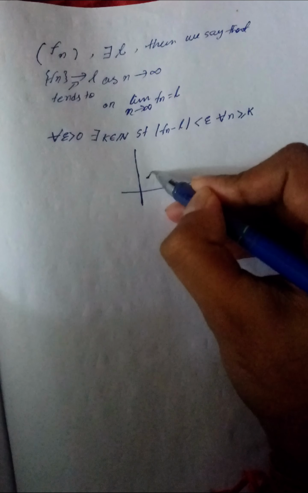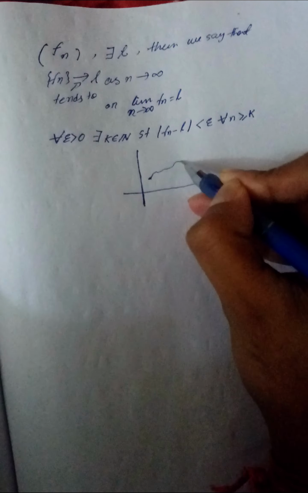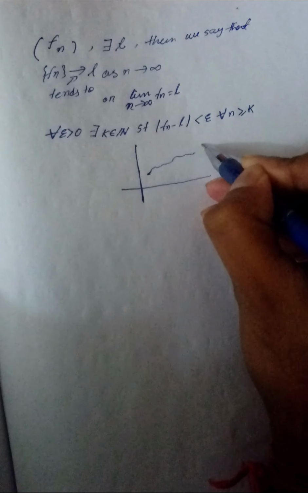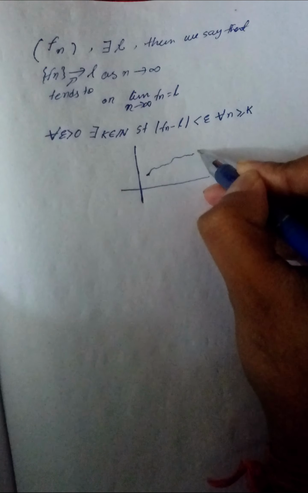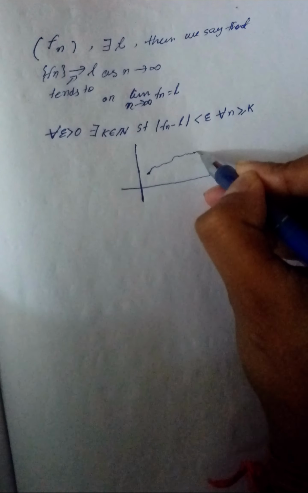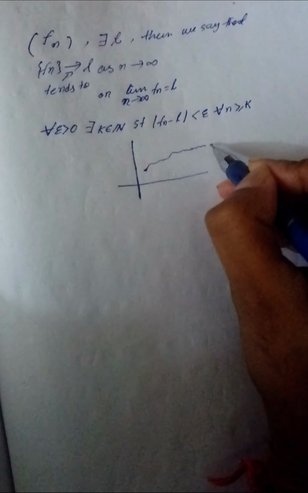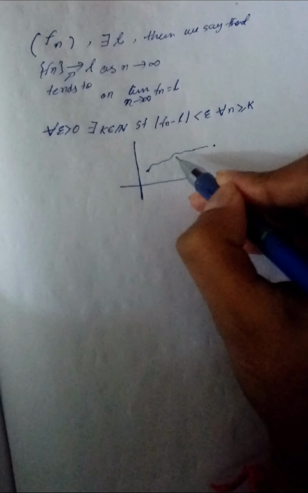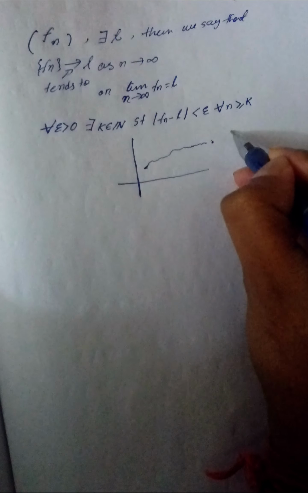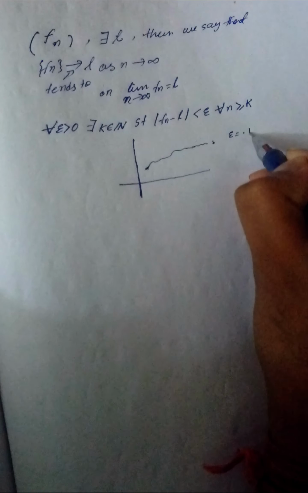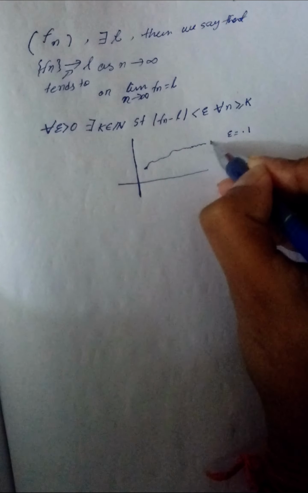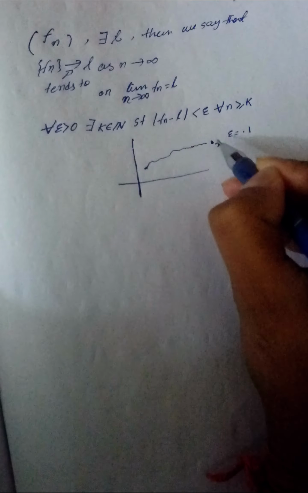Suppose this is a sequence, and this is our limit. Let's take epsilon equal to 0.1, and let's name the limit x.